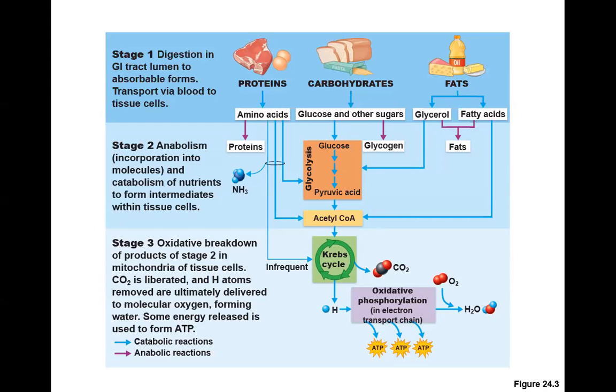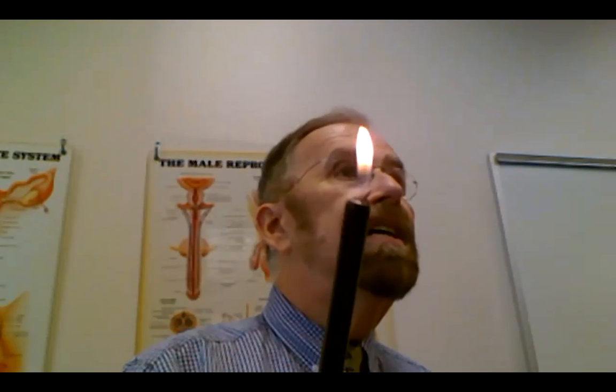This is oxidation. We see right here, I've got the flame burning. The lighter is consuming the fuel inside here in the presence of oxygen, and I've got heat and light coming off.